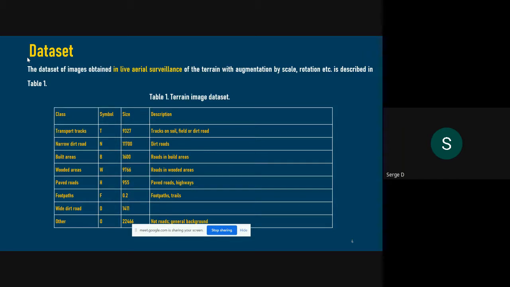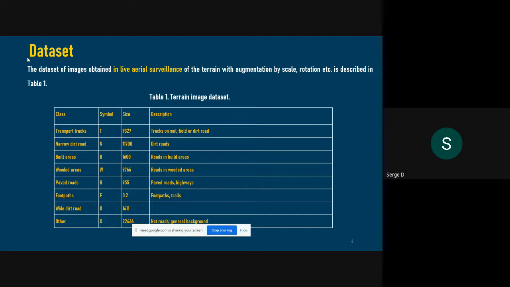In this slide, we have a description of the data set. These are images obtained in live surveillance from a low-flying plane or UAV, a drone. The images are of land, of terrain in several different areas, and the data set is constructed from these images obtained in real live monitoring.